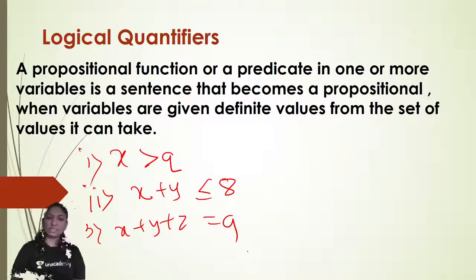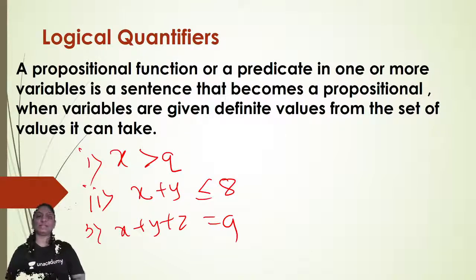So these are sentences but not statements. As I told you in the previous lecture, a declarative sentence is known as a statement. It means it will have a truth value, either false or true, but not both simultaneously.